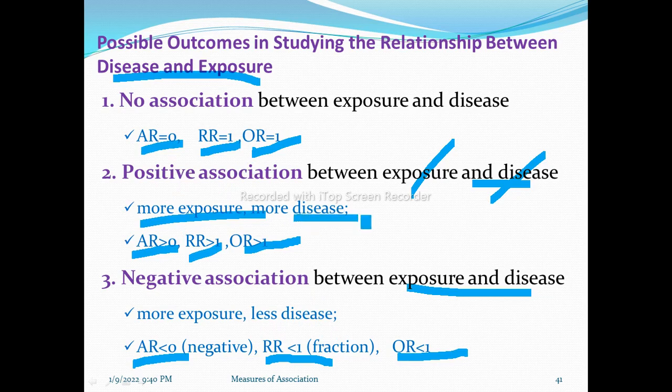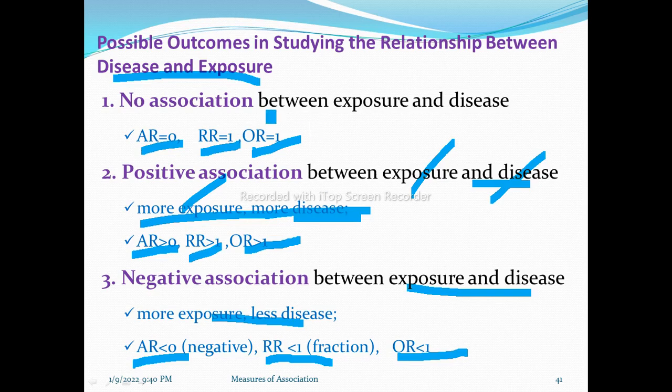If you are exposed to more of the exposure, you will get more disease. For example, if you smoke daily and in too high a dose, you will get lung disease or coronary artery disease. So this is a direct relationship, and that is an inverse relationship. These things are very important to interpret the association in one's analysis.